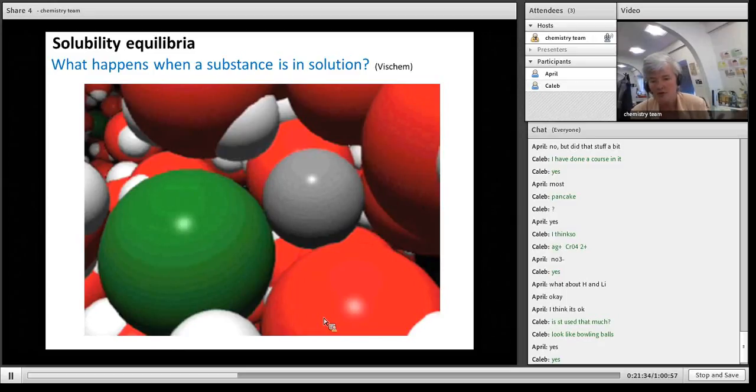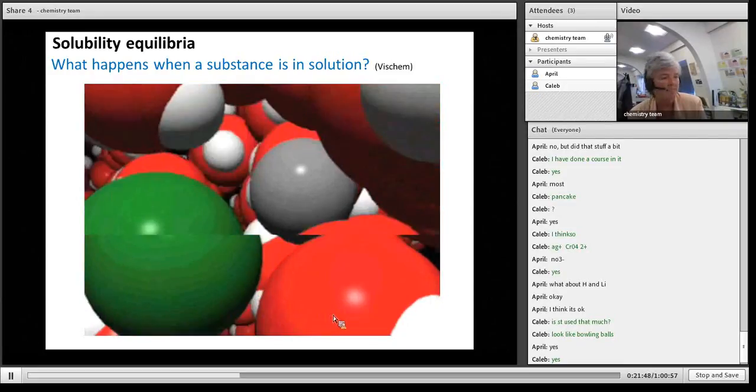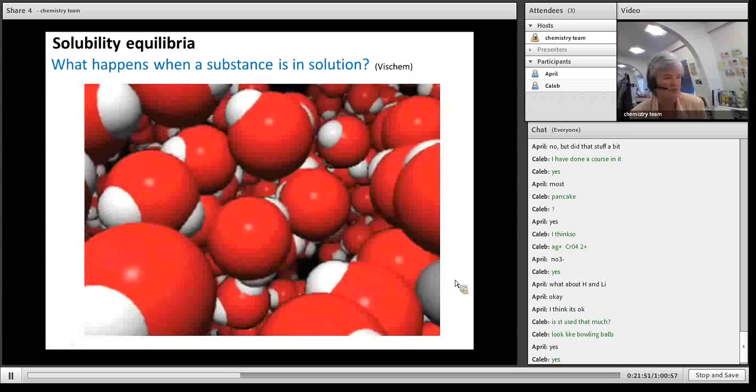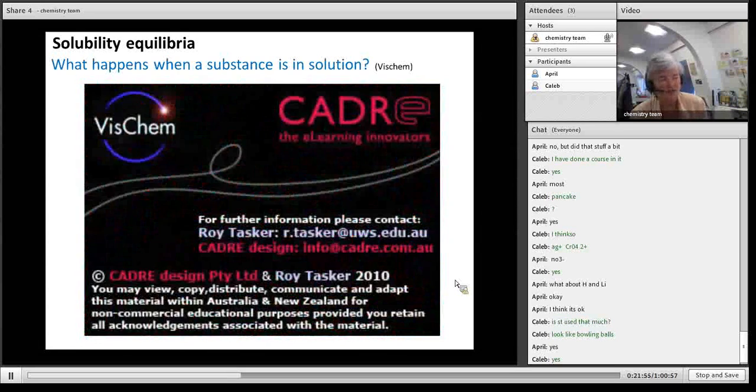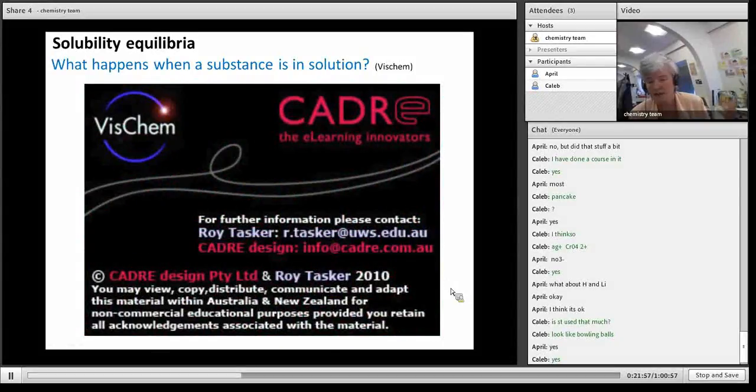So we're trying to show this equilibrium, that there's this tension between the water and the ions, and so we have things going out of solution and into solution all the time. This is what we mean by equilibrium. Okay, so that's showing it going backwards and forwards, and eventually the sodiums and the chlorides will collide, and they can come out of solution, and another one can go into solution.